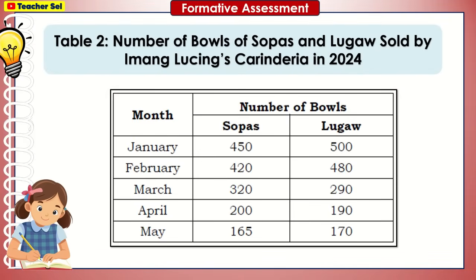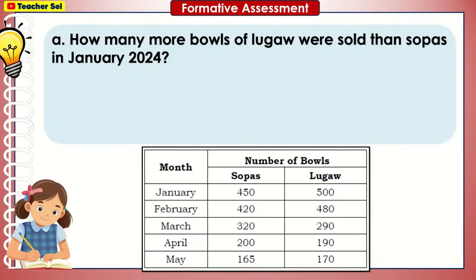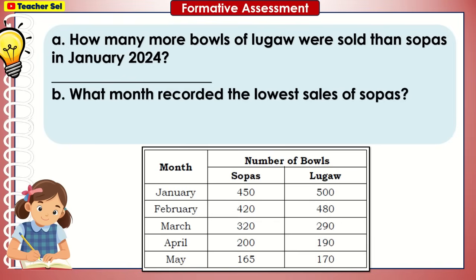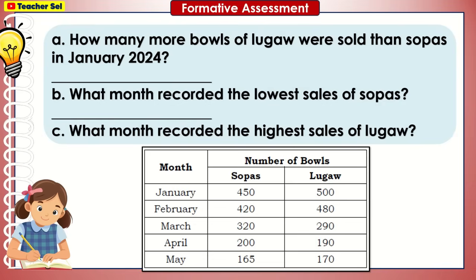Table 2. Number of bowls of sopas and lugaw sold by Imang Lusing's Karinderya in 2024. How many more bowls of lugaw were sold than sopas in January 2024? What month recorded the lowest sales of sopas? What month recorded the highest sales of lugaw?